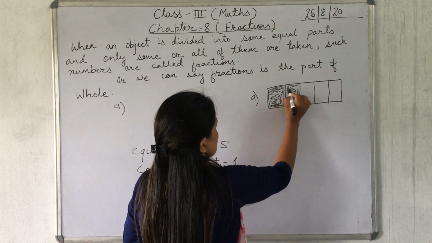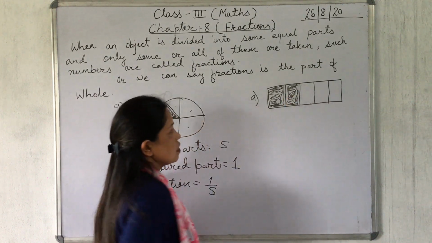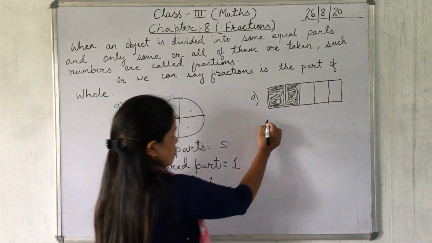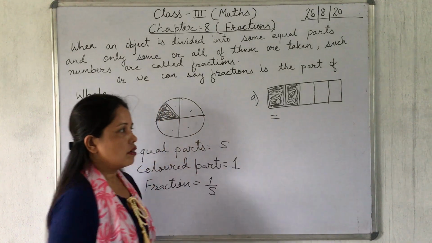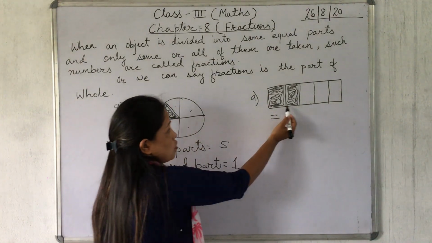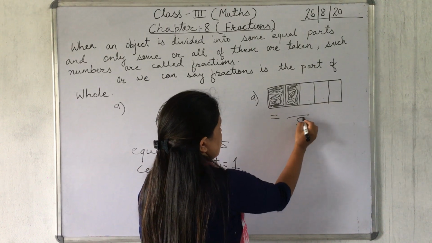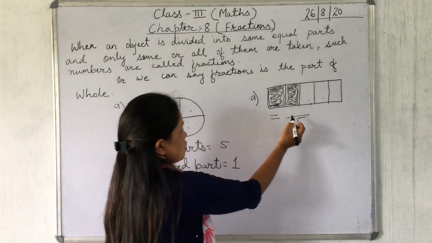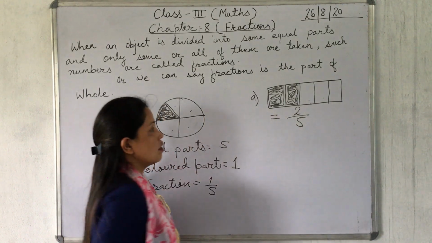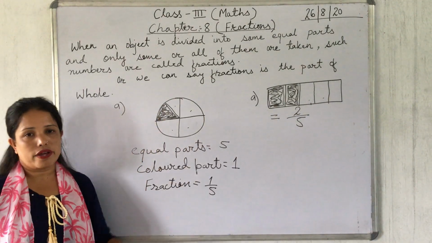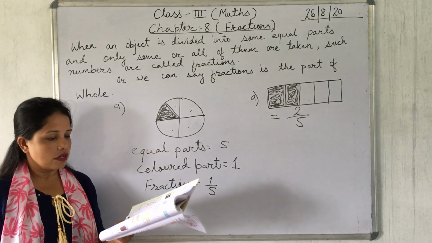Understood? So the 2 parts are shaded. So you have to write the fraction of this figure. So see here, how many total parts are there? 1, 2, 3, 4, 5. Understood? Now how many parts are shaded? 1, 2. 2 by 5. 2 by 5. This is the fraction.